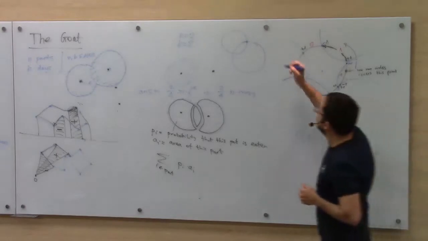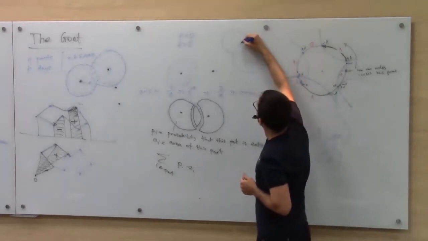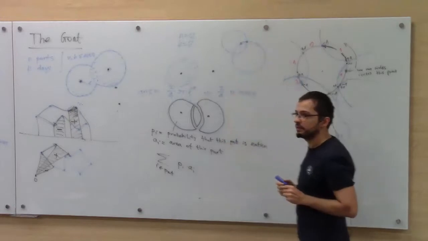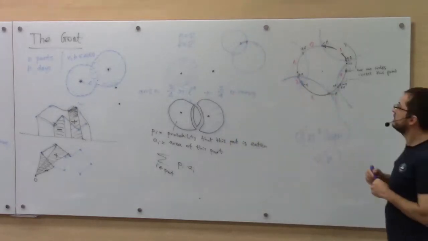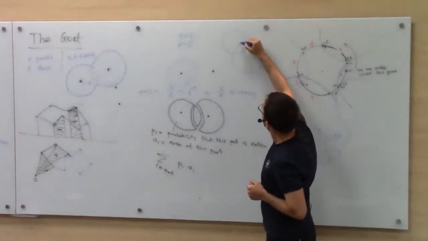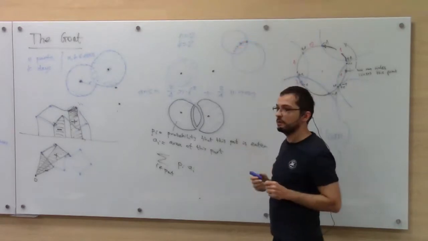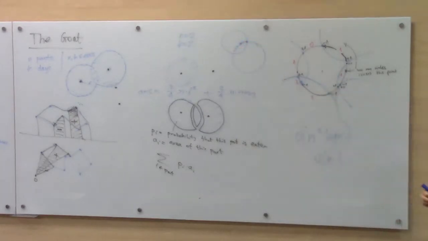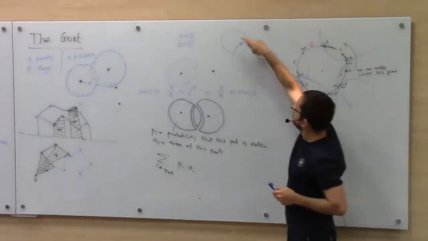But I don't know where this segment ends, but I can find every intersection point in this area, because I can consider every possible circle which is not this circle or this circle.